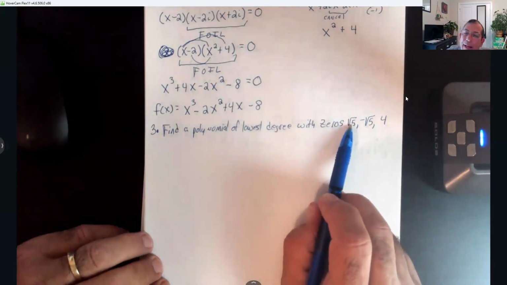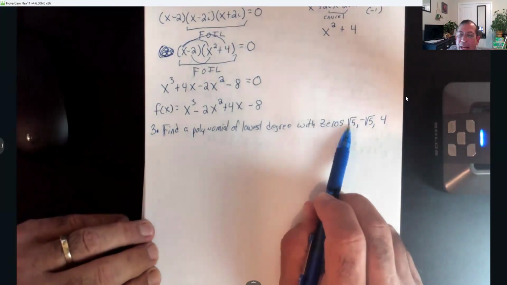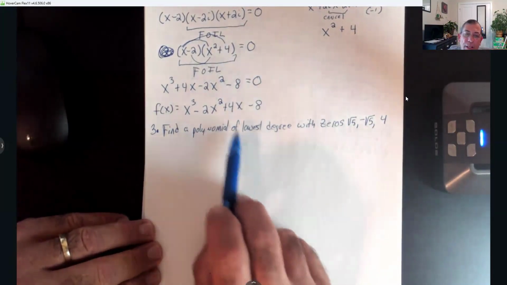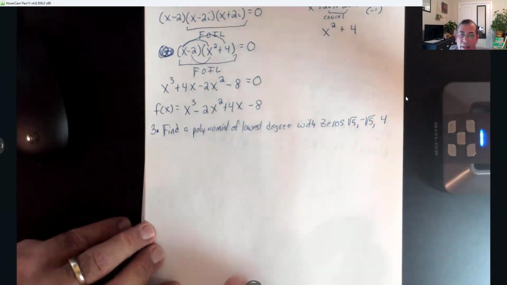So y'all look at that. They're breaking out radicals on us now. But that's no problem. First of all, we got 3 zeros. So once again, we will end up with an x to the third as our biggest exponent, okay?